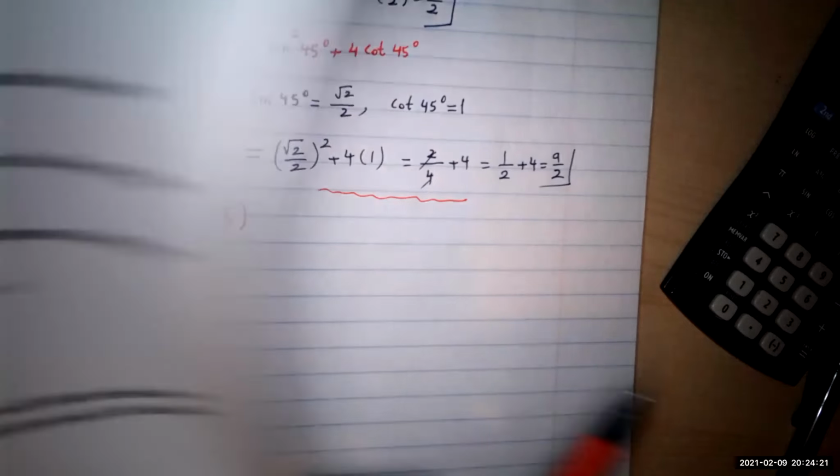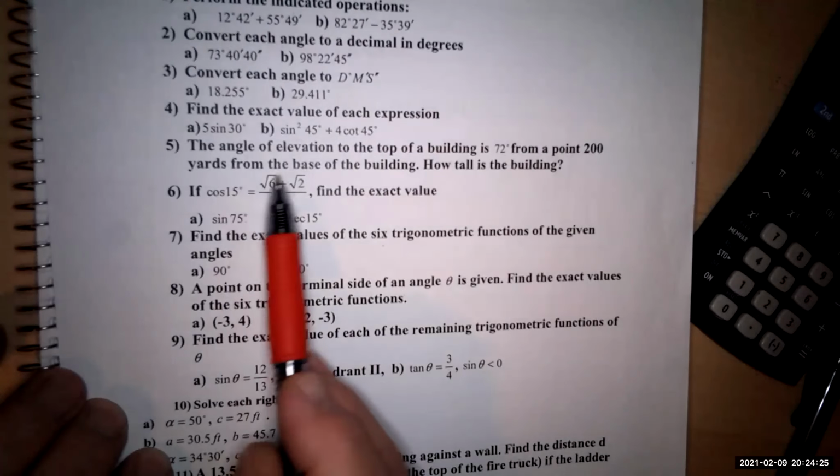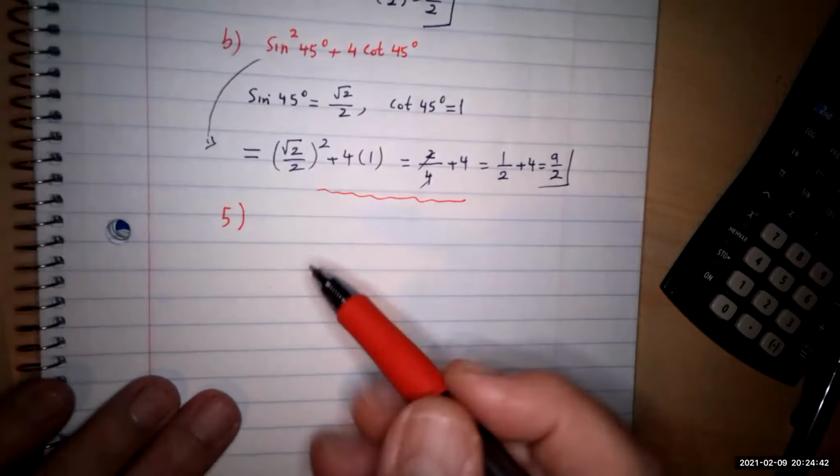You see number 5? The angle of elevation to the top of the building is 72 degrees from a point 200 yards from the base of the building. We want to know how tall the building is.